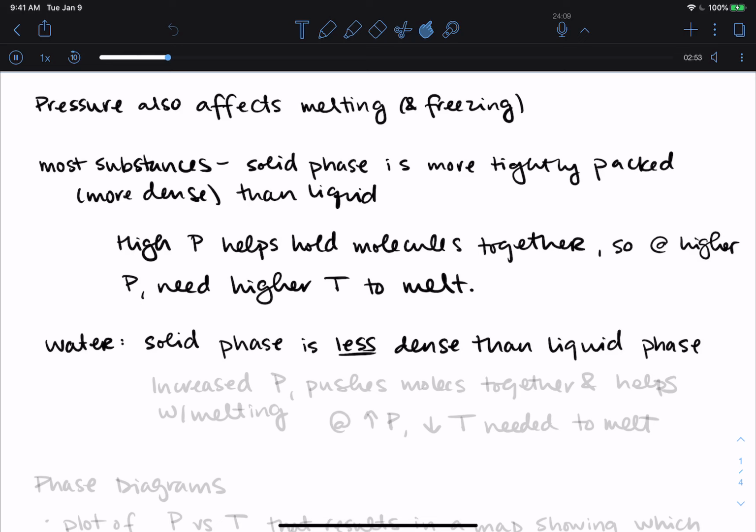So if you had a solid piece of ice and you applied a high pressure to it, it would push those molecules closer together and it would help melt it. So increased pressure pushes molecules together and helps with melting.